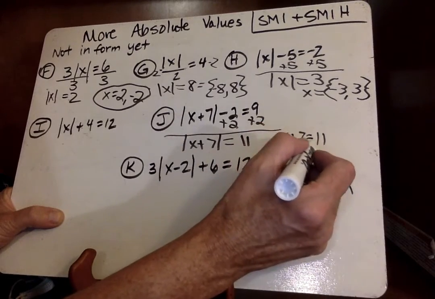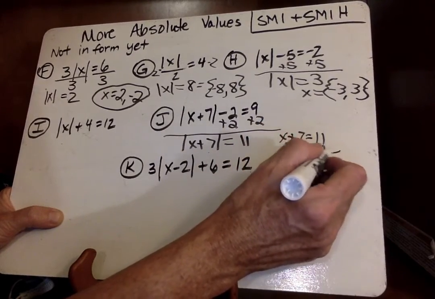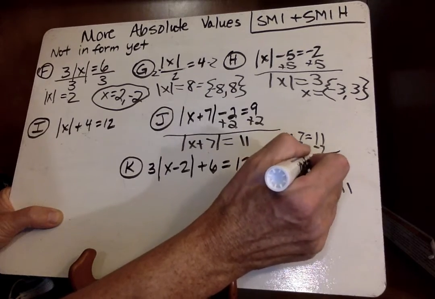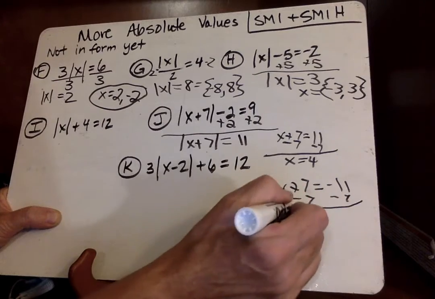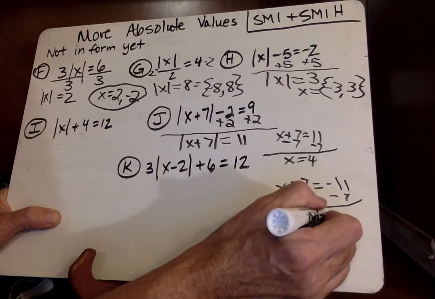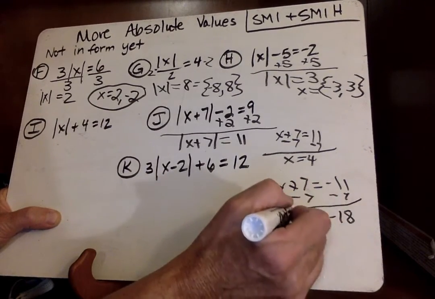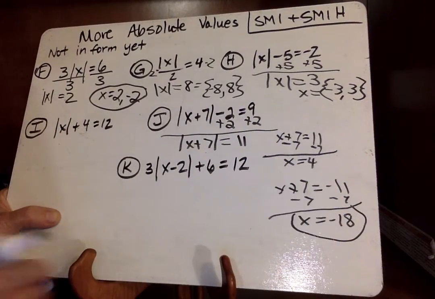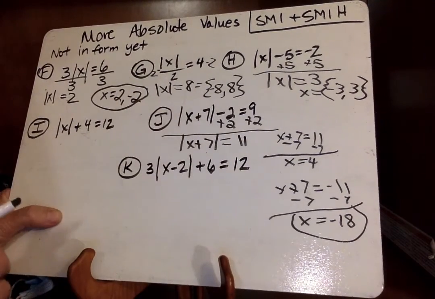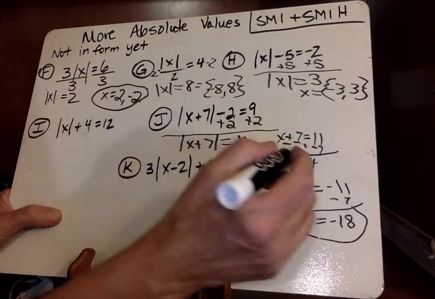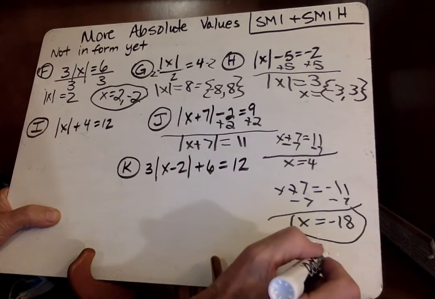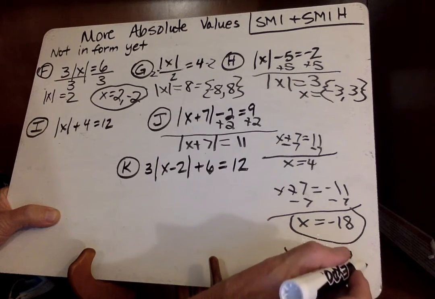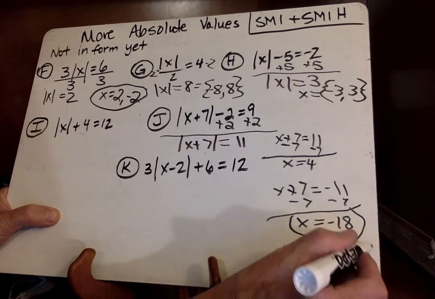So to solve this, minus 7, minus 7, x equals 4, minus 7, minus 7, and x equals negative 18. And if I wanted to, I could plug those back in and make sure that's the correct solution. So x equals solution set negative 18, comma 4.